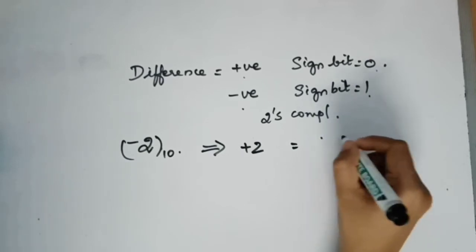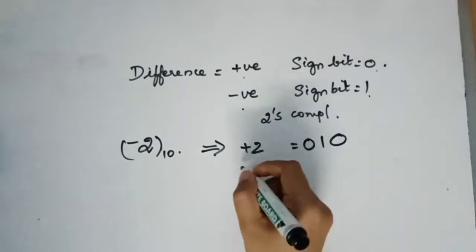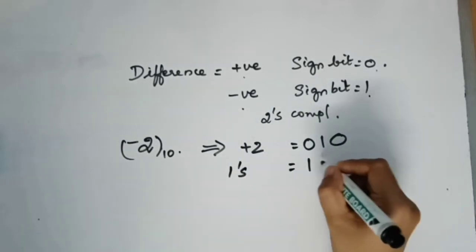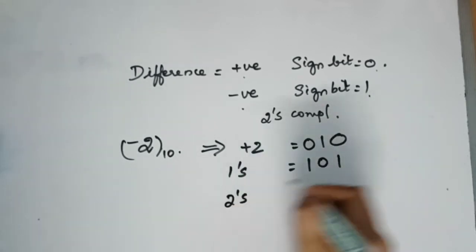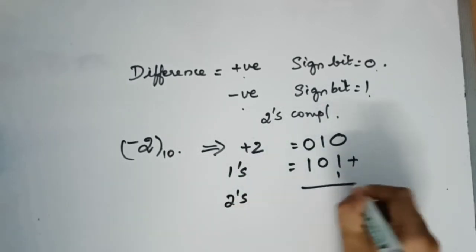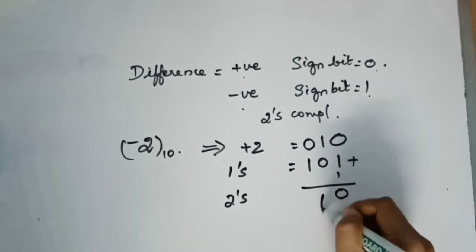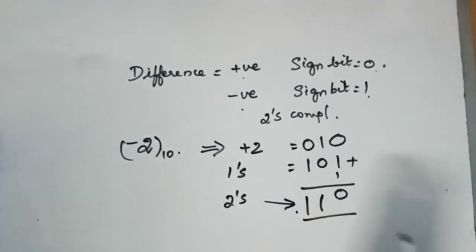That is 2 is 1 0, so the sign bit is 0. The 1's complement of plus 2 is 1 0 1, and the 2's complement is this plus 1. That is 0, carry 1, 1 1. So this is the 2's complement form of minus 2.